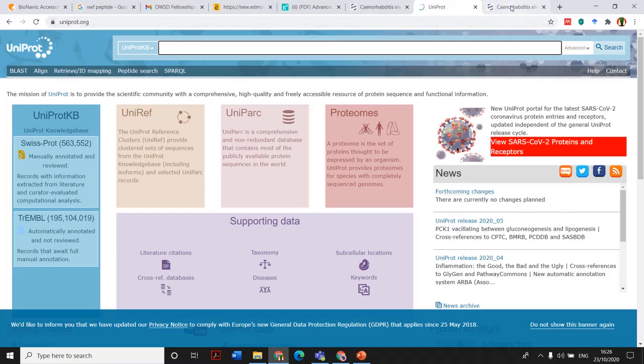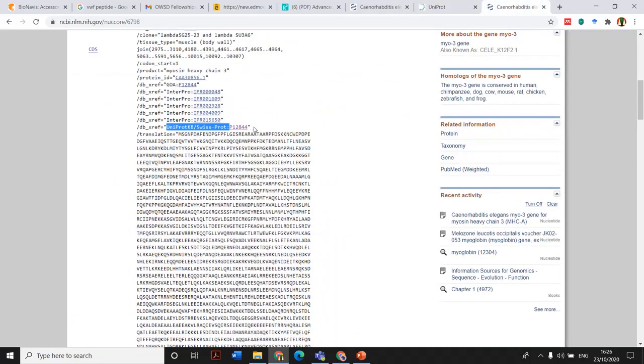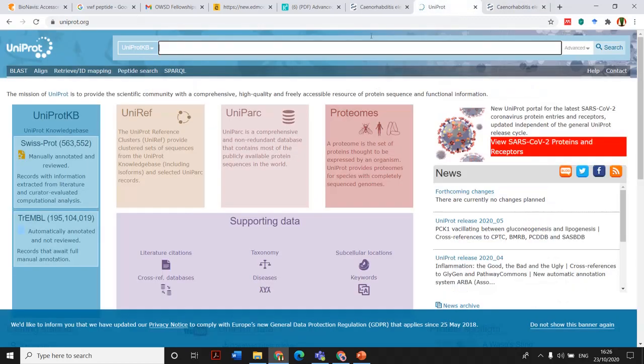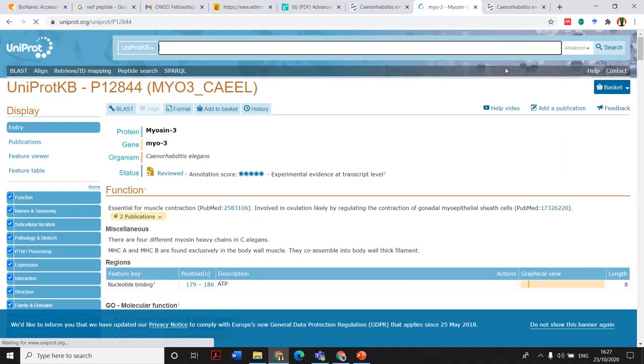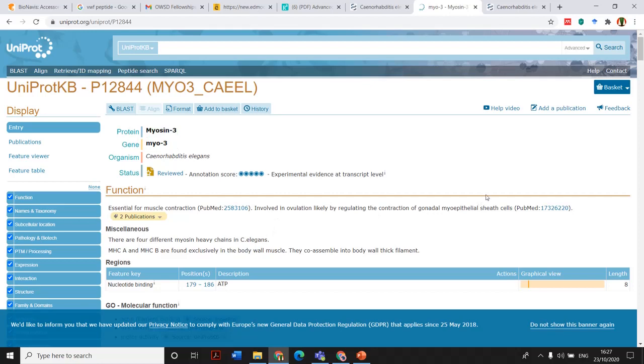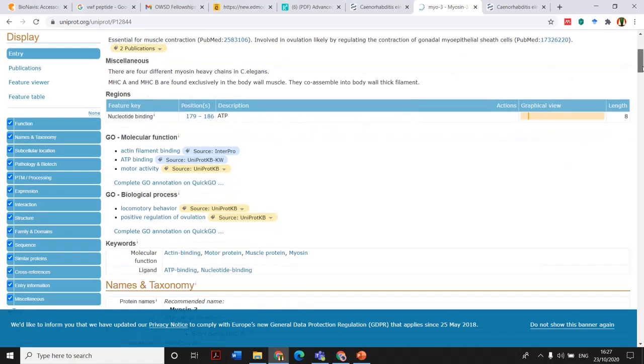And I take the number over here, P12844, P12844, and I give it to search. It's going to give me the same protein, and it's going to give me similar information.